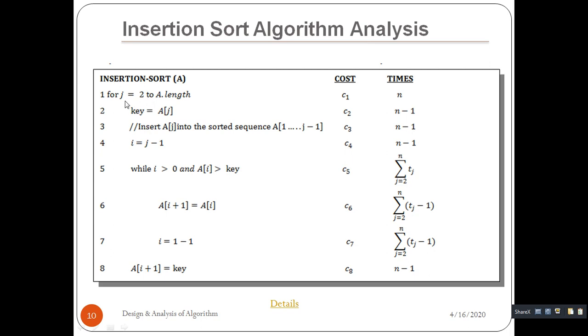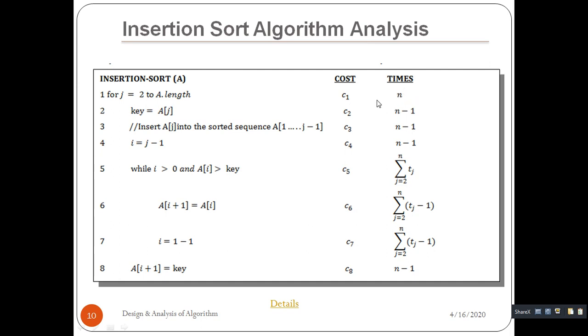Sorry, it will run for n minus 1 times. Because starting from 2 to 5 means 2, 3, 4, 5, so 4 times. 2 to 10 means 9 times. So 2 to n means it should run for n minus 1 times, but it is written here n times.